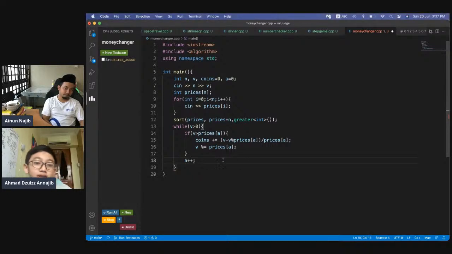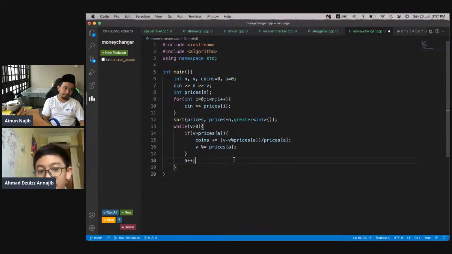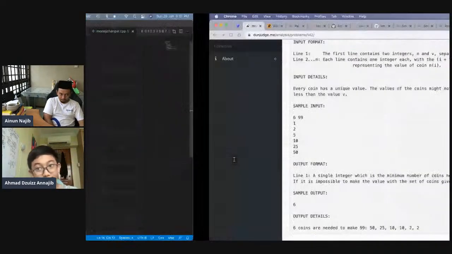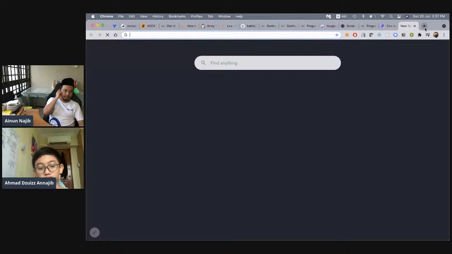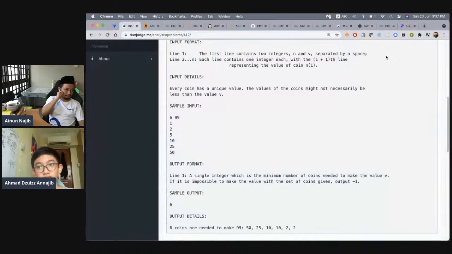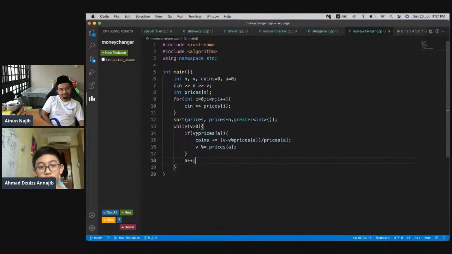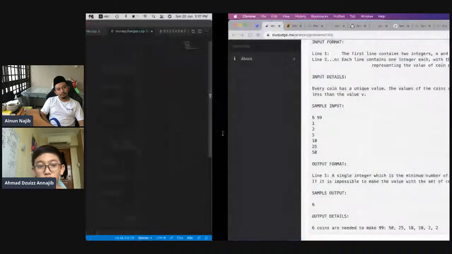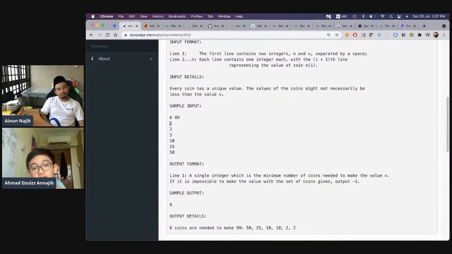But now I have to check for an error. If it's an error, that means it's impossible. So how do I check if there's an error? In what situation? When there are no coins to fit the rest of v.